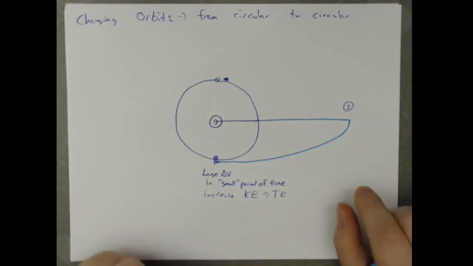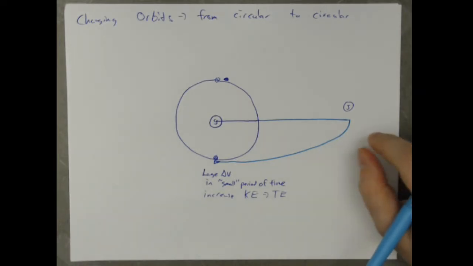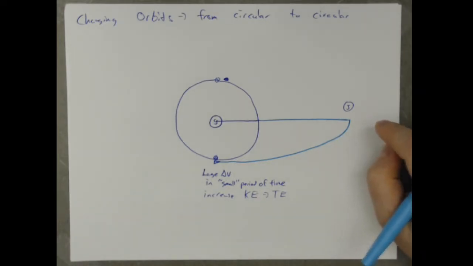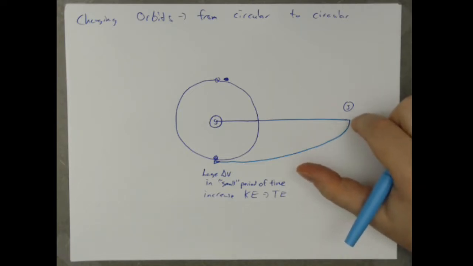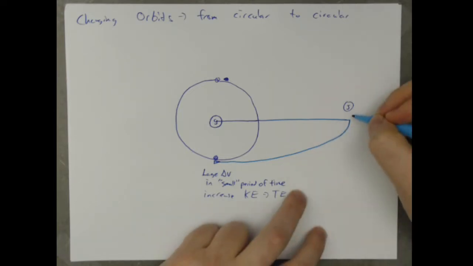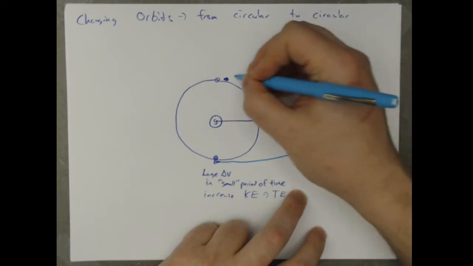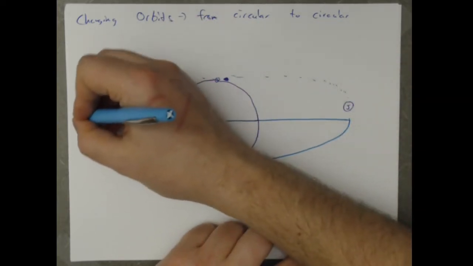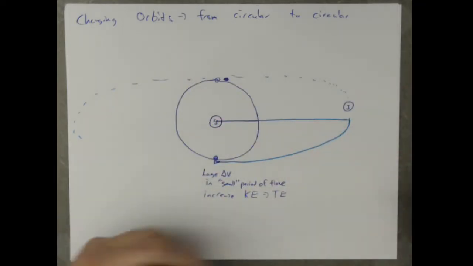Now, we want to stay in this orbit, and if we don't do anything, we would just go around our elliptical orbit and come back. So we're not stuck in that orbit.